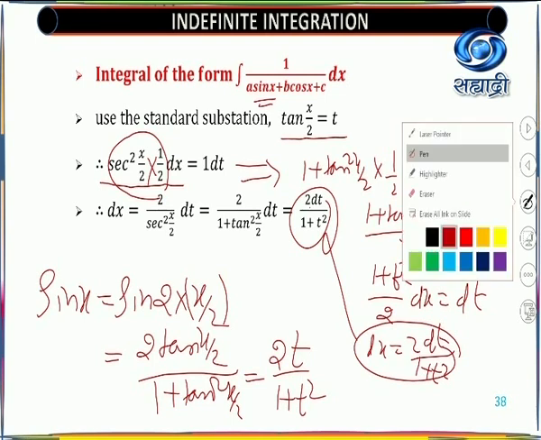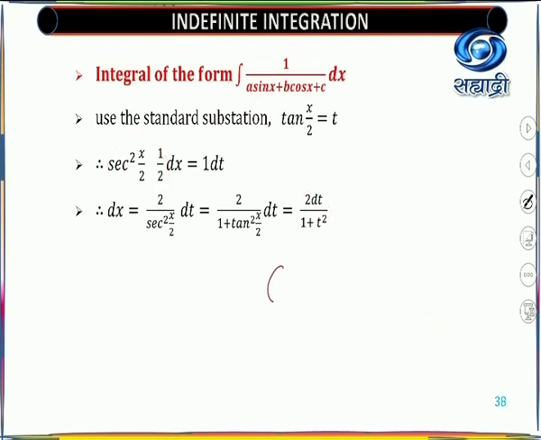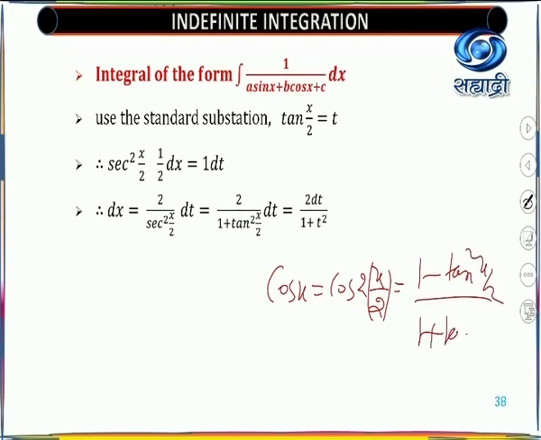Similarly, you will get the value for cos x, that is cos x equal to cos of 2 into x by 2. Again you have a formula in terms of tan, that is 1 minus tan square x by 2 upon 1 plus tan square x by 2, which gives you 1 minus t square upon 1 plus t square.